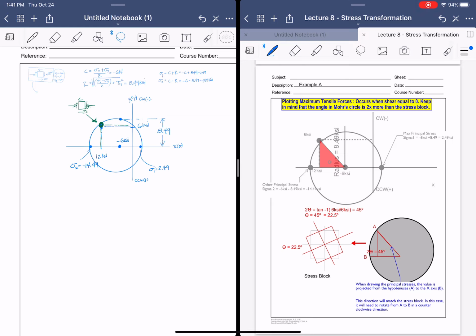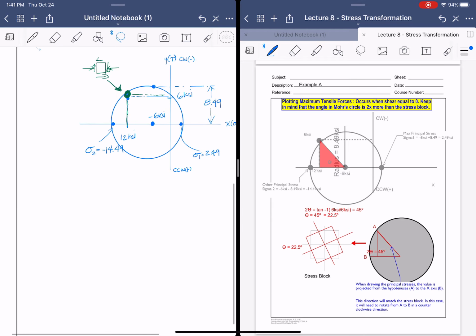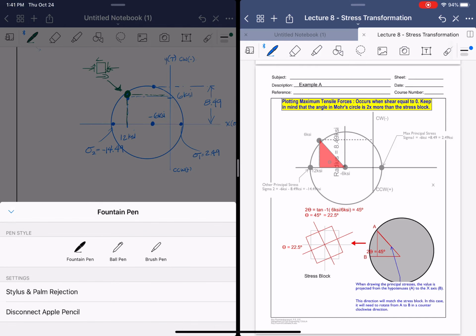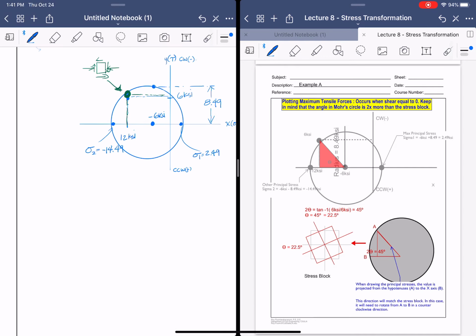Now, one thing to note is that for the maximum stress block, sigma 1, sigma 2 is maximum or minimum when tau is equal to 0.